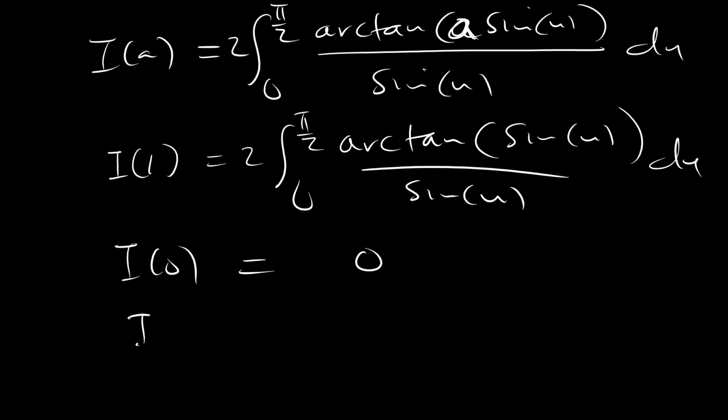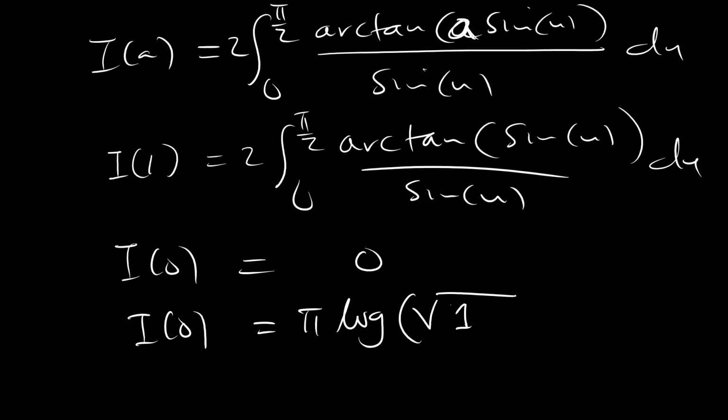So therefore, I(0), which is going to be equal to pi times the natural logarithm of 1 plus 0, which is 1, plus 0, plus c, and this is ln 1, so this goes to 0.